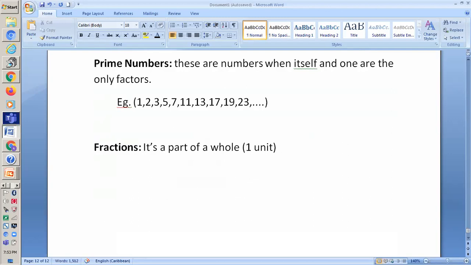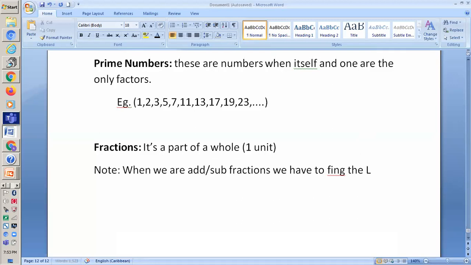So note: when we are adding or subtracting fractions, we have to find the LCM. All right.